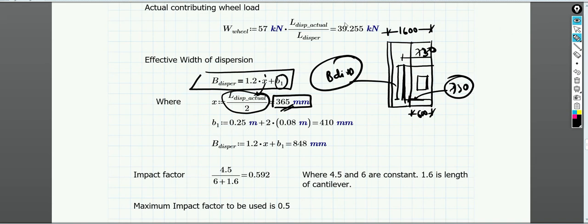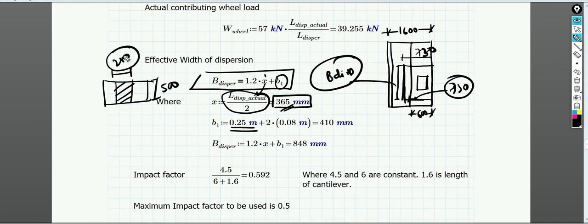The b1 can be calculated as the width of the wheel. If you remember, the wheel contact area width is given as 250, and this was given as 500 for the wheel load distribution.